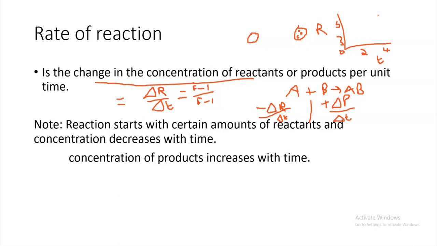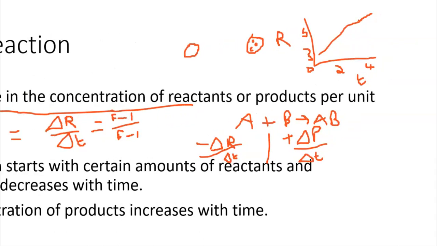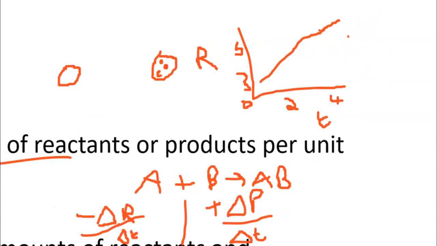Let's say my graph is going like this, and the 2 points are there. My 4 will be my final time, and the 2 will be my initial time. At the same time, my 5 will be my final reactant, whilst the 3 will be my initial reactant.